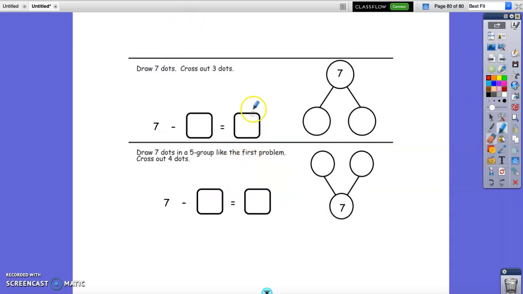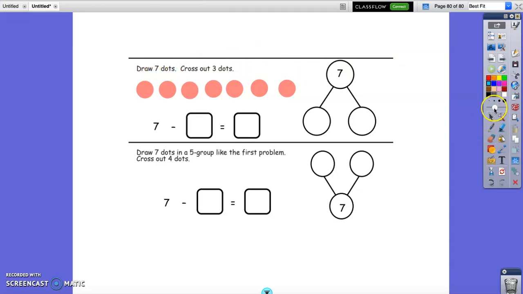You're going to do these next ones by yourself. This one says draw 7 dots. I'm going to help you. Draw 7 dots. 1, 2, 3, 4, 5, 6, 7. Usually I make my 2 lines. And then it says cross out how many? 3.